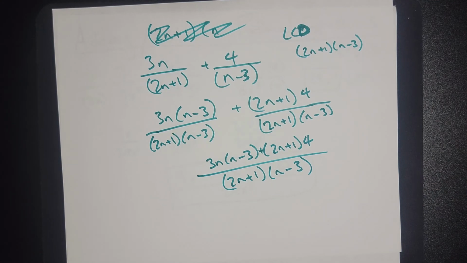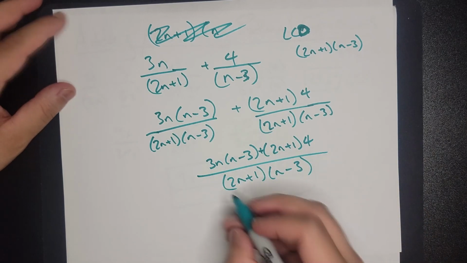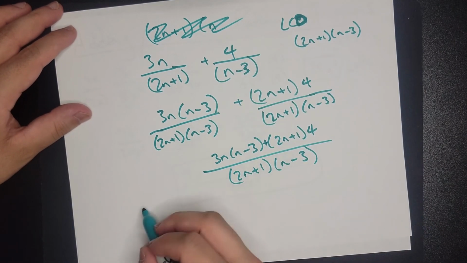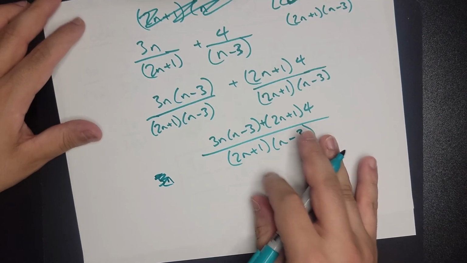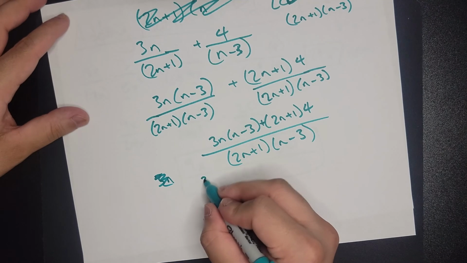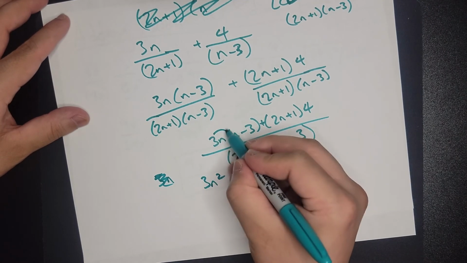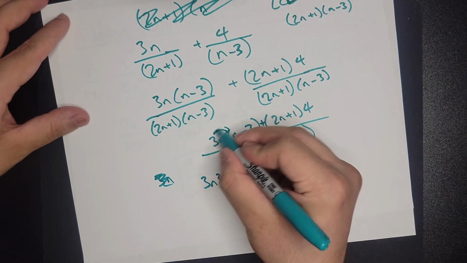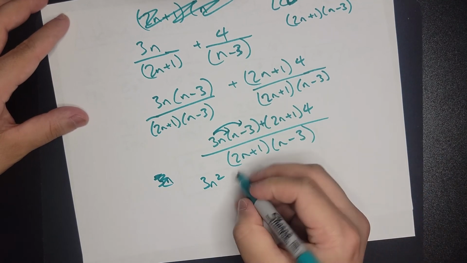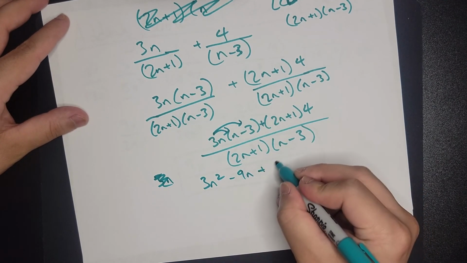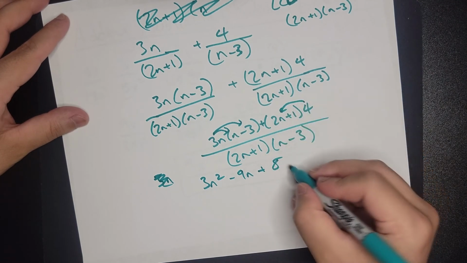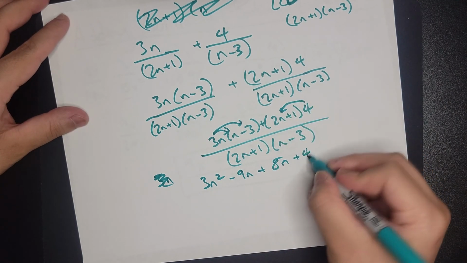Now we can actually start simplifying this by expanding these brackets. So now we have 3n squared as this multiplies in there, and that's going to multiply in there, minus 9n plus 8n plus 4.